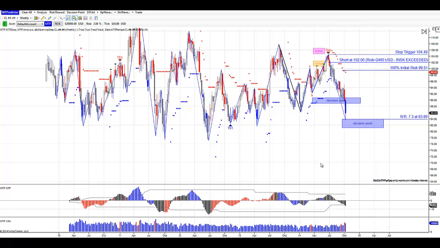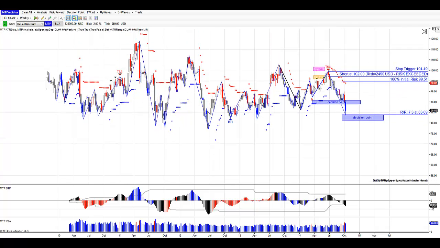If this stays below the strength band there, it may indicate there may be more downside, but this is in an area, right around that $80 level, where over the last few years that's where we've seen the buyers step in oil and keep it in that $80 to $110 range with your occasional spike.